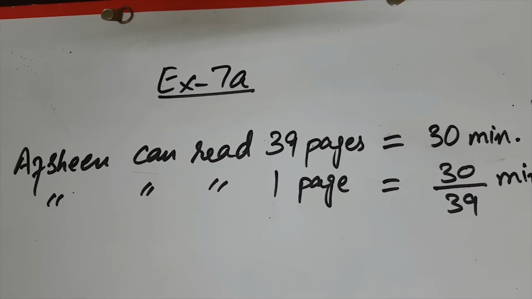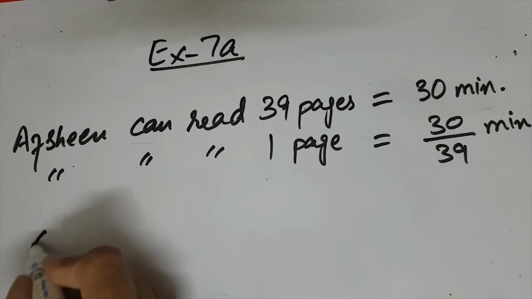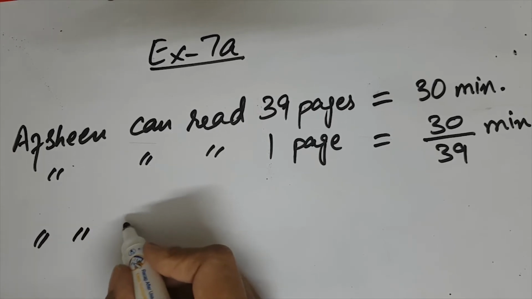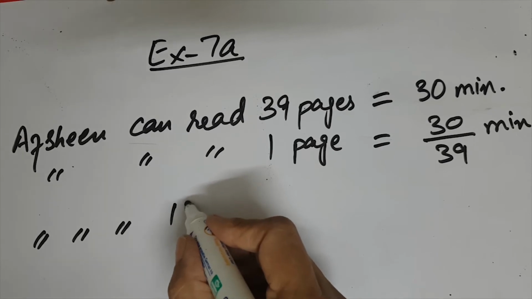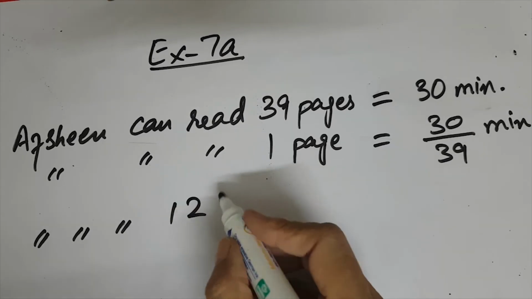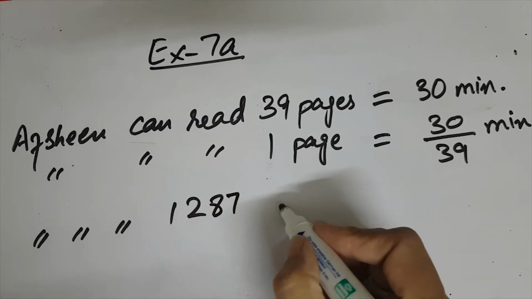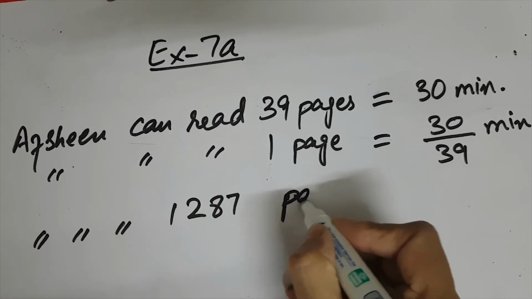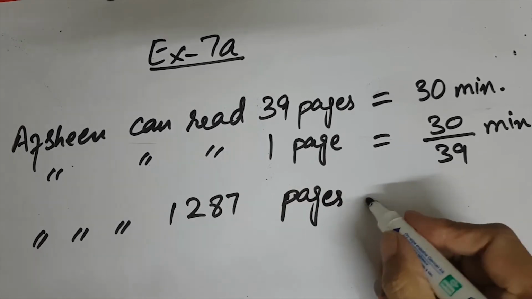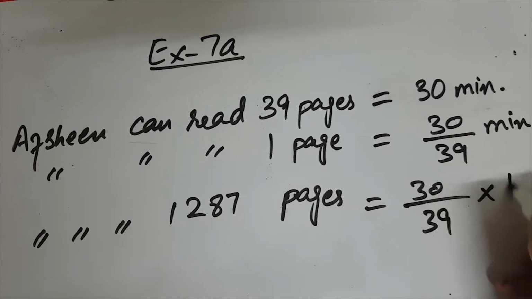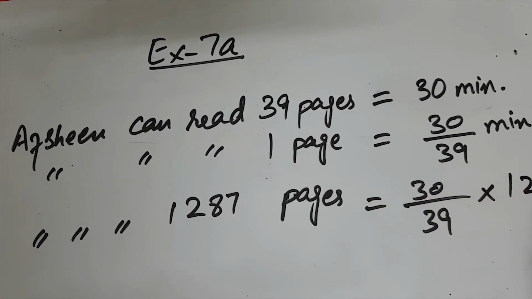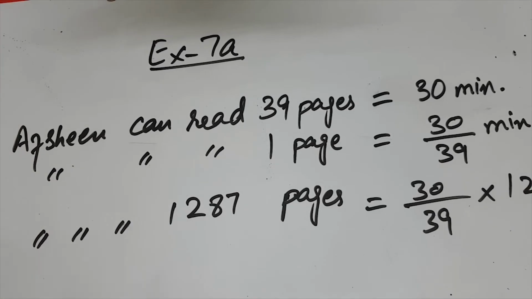So we have to solve, how much time Afshin can take to read 1287 pages: in 30 by 39 into 1287 minutes.